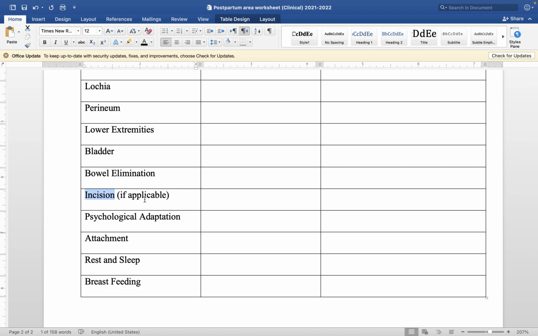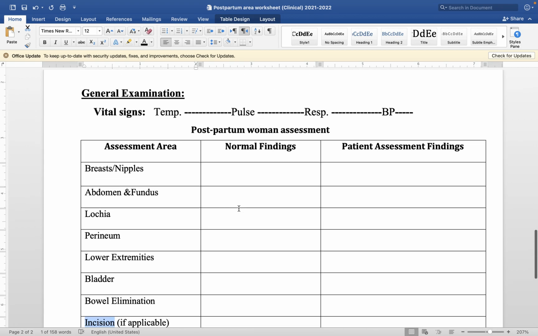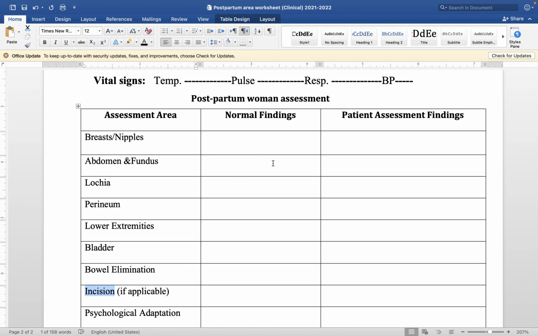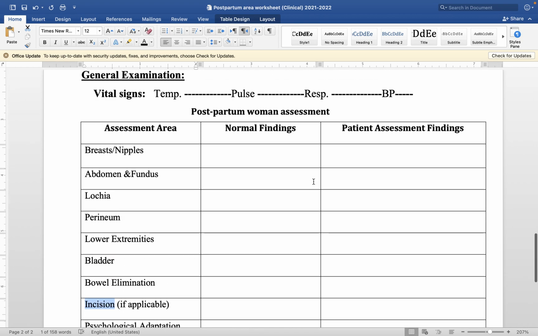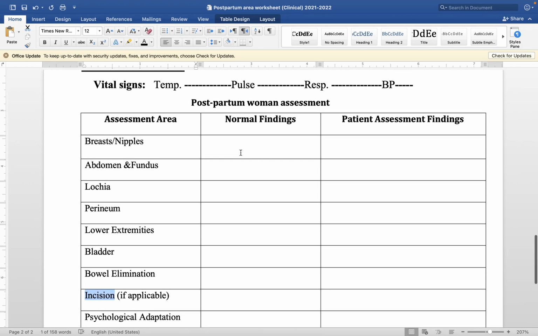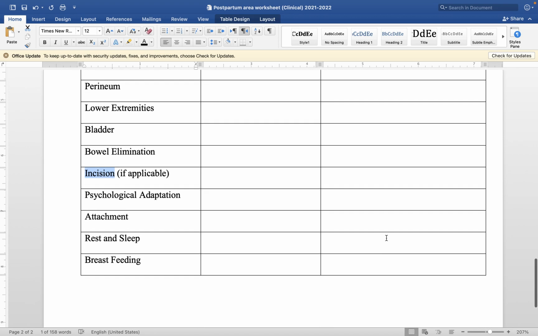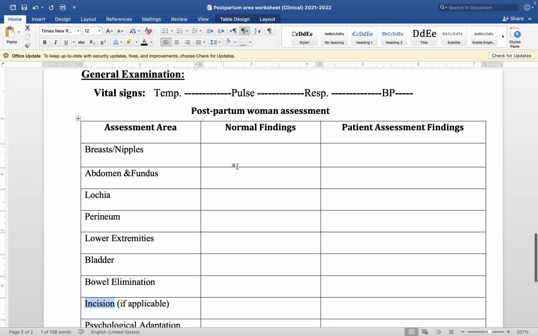We're talking about incision here, most likely a cesarean section. Incision if the mother delivered via CS, and psychological adaptation of the mother, rest and sleep, and breastfeeding patterns and behavior. And you will add right here your normal findings, what we are expected to see during the postpartum period, and what is your finding for that patient.